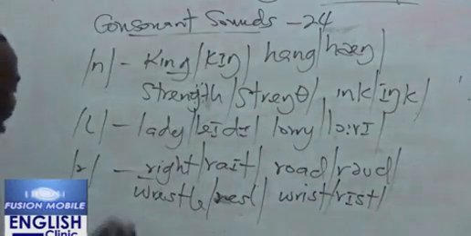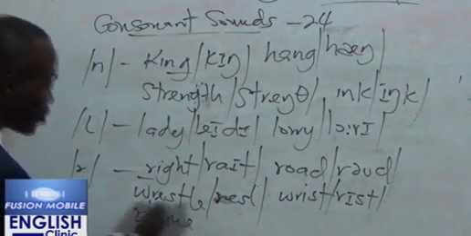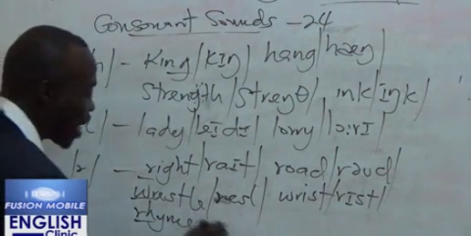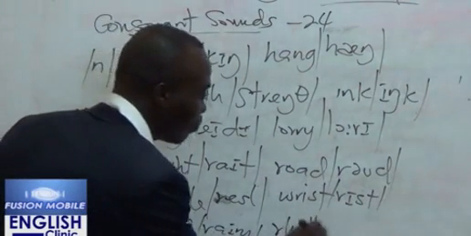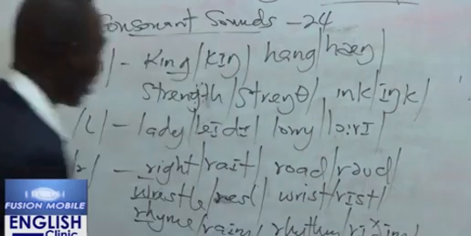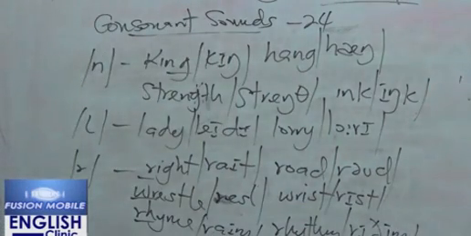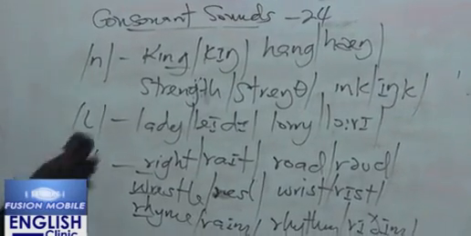It can also be realized by RH as in rhyme. And so on and so forth. So we have concluded how the ra sound is realized.